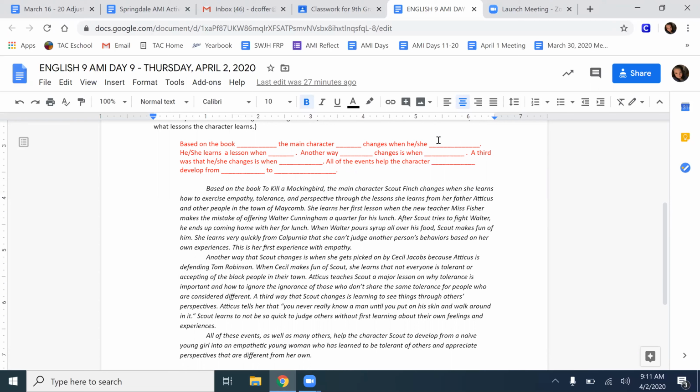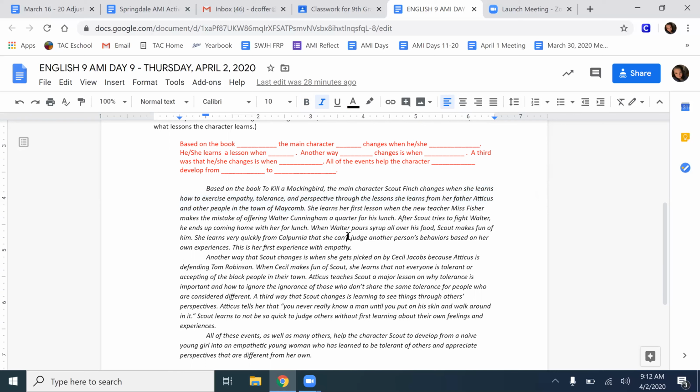Now you'll notice the blank is only this big, but the information that I put in there is that big. So don't let the size of the blanks throw you off. They are just there to let you know that that is where you're going to be recording your information. The size of the blank is in no way connected to the length of your response.